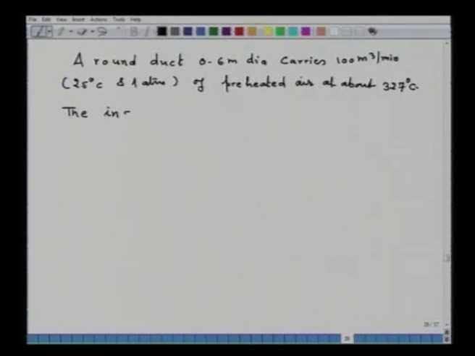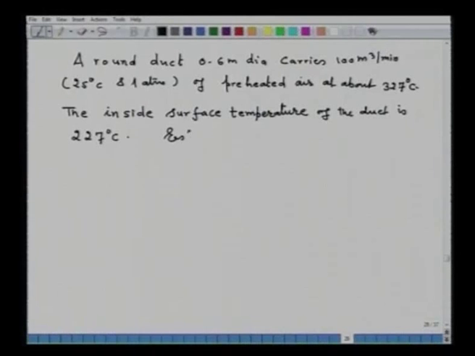The inside surface temperature of the duct is 227 degrees Celsius.